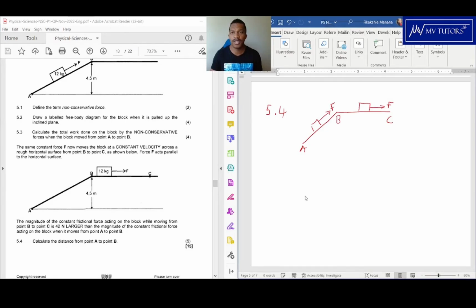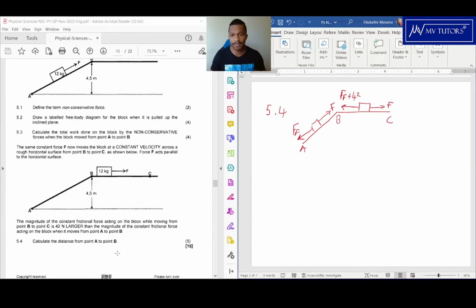Same force. The difference is with the frictions. The friction here, which I called FF, friction force, they are saying that the horizontal friction force is actually 42 newtons larger. So it's like it's the same friction force, but here on the horizontal there's an added 42. Okay. All right. So that's what they're saying in this diagram.